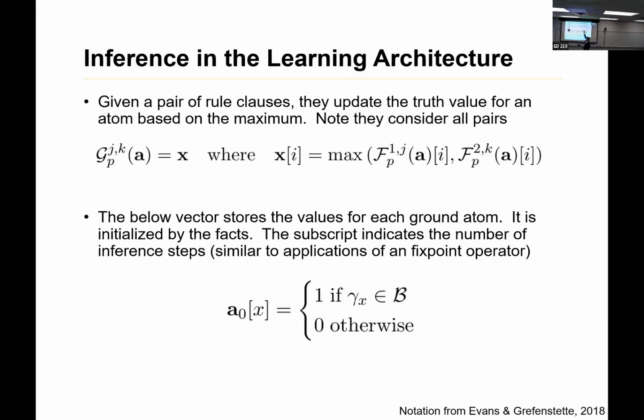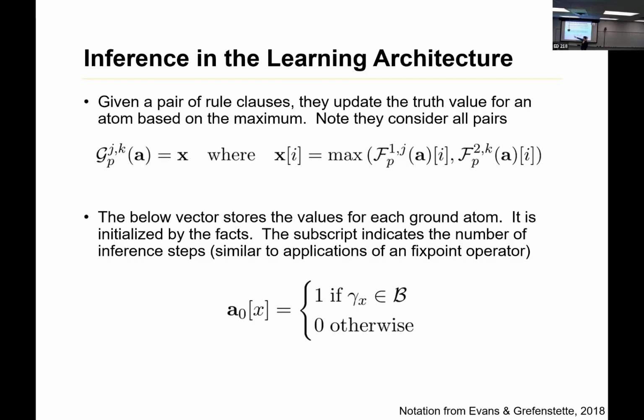So you can think of this as G, J, K of P. This is like applying the fixed point operator for rules J and K together on A, and it gives you vector representation X. Now note vector representation X is only going to have non-zero values for things concluded by those rules. It's going to have 0 for everything else. That's okay, because that's all this little piece does.